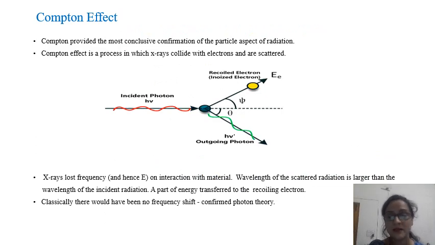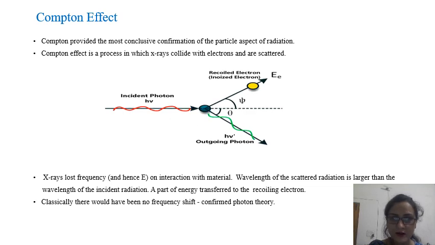Okay, the other content of our module is the Compton effect. Compton also provided the most conclusive confirmation of the particle aspect of radiation. The Compton effect is a process in which an X-ray collides with an electron and is scattered.